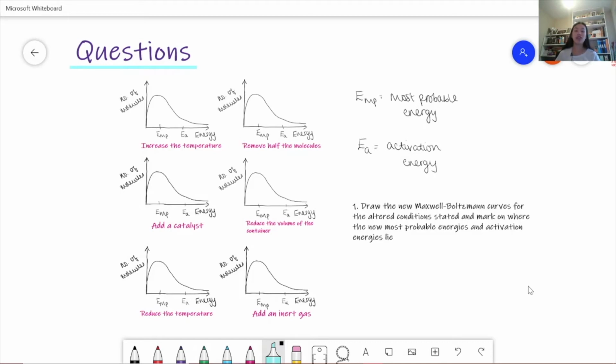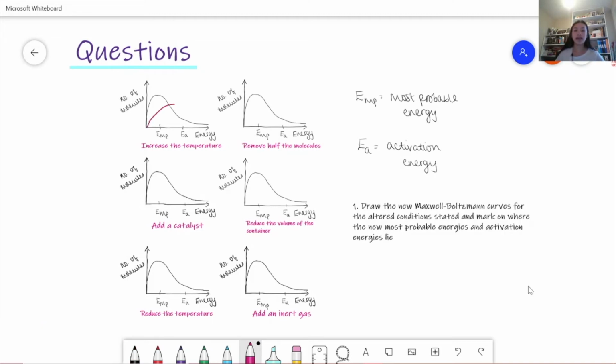So there are more collisions per unit time, and also the particles, more of them, have the activation energy required for a successful collision. So that means there are more successful collisions per unit time, so the whole rate of reaction increases.